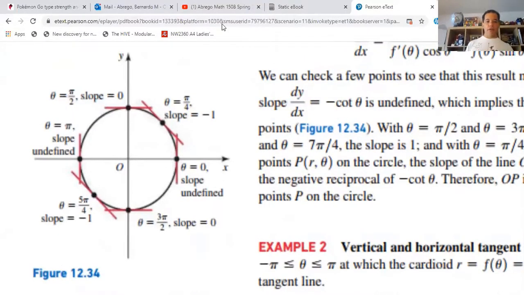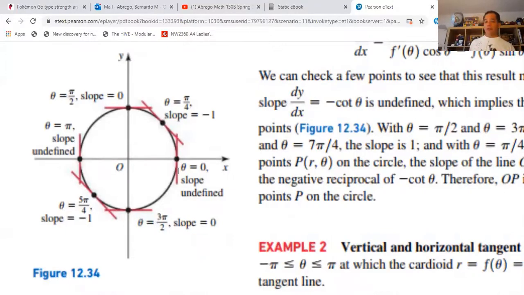Right, so we did at pi over 4 is negative 1, at pi over 2 is 0. Here you have a few more. So at pi it's going to be undefined, so cotangent of pi is not defined. And that makes sense because the line is vertical, right? The same happens at 0. So at both 0 and pi, the slopes are undefined, and that makes sense because we have vertical lines.